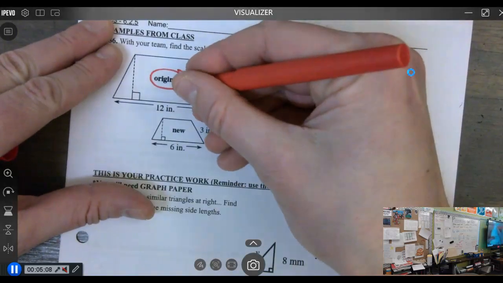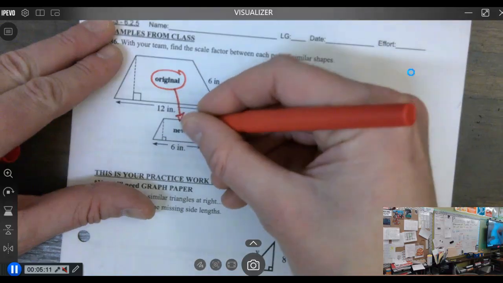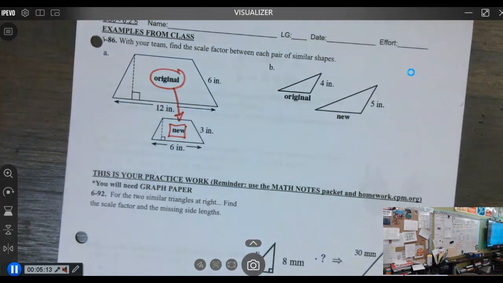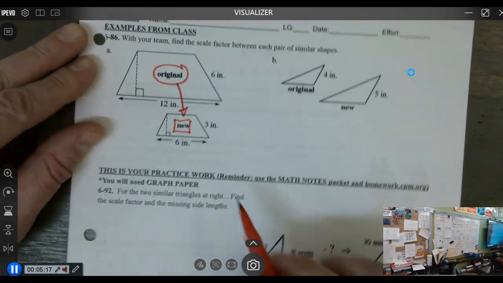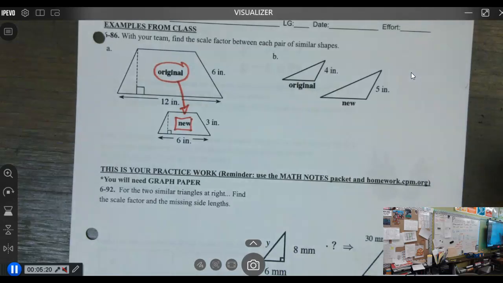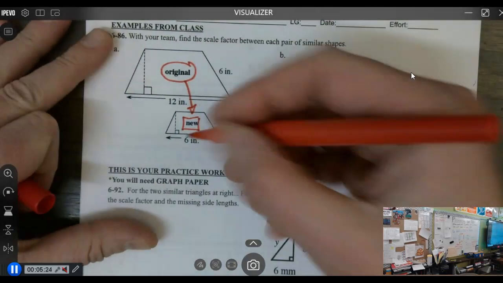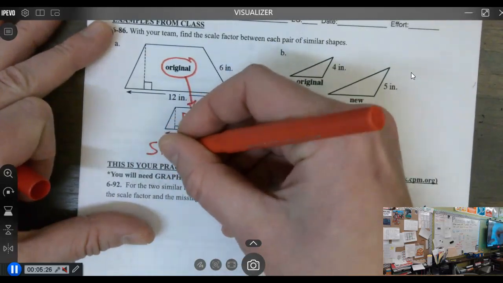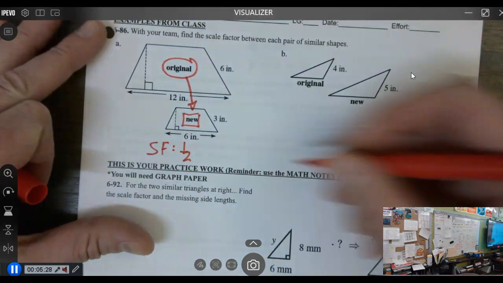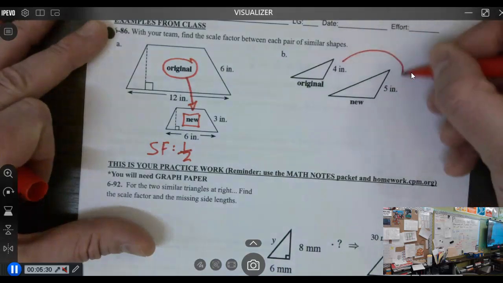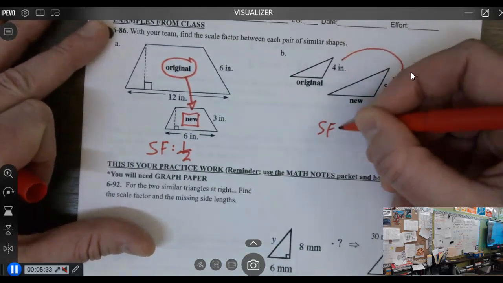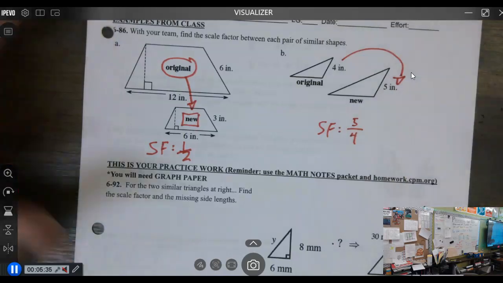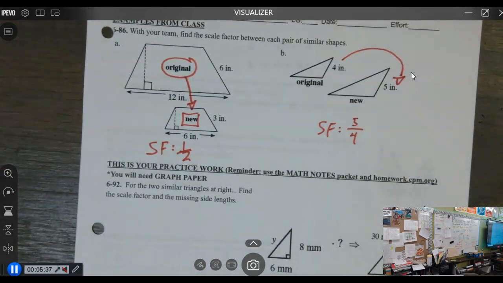What we're saying is, how do I get from the original and land at the new? Yeah, it's 1/2. Now, if you look the other way around, you could say, oh, it's doubling, but it's not. We have to start to care about this. The scale factor is actually the fraction 1/2. And here, the scale factor is actually 5/4. Questions about that?